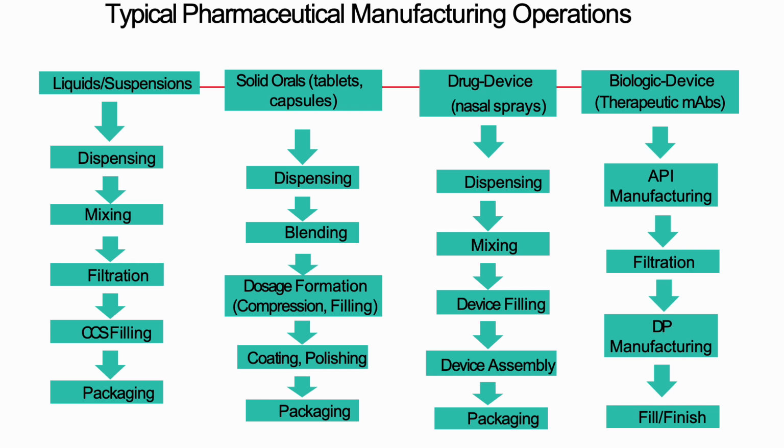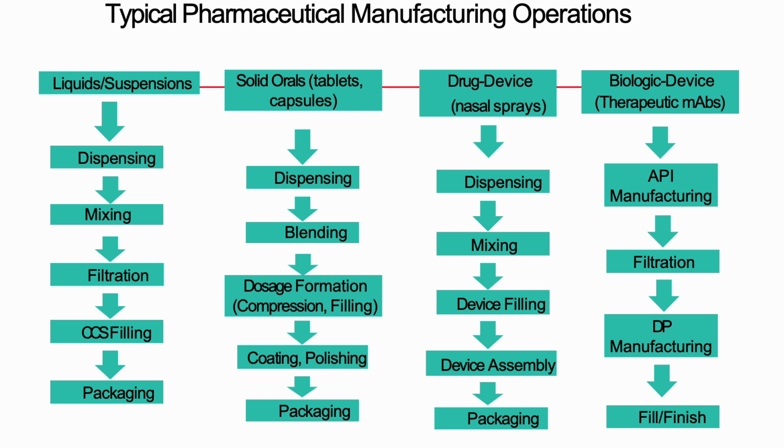So if we are making liquids, of course we have to go through the dispensing, mixing, filtration, CCS filling, and packaging. If you're looking into the solid orals, tablets, or capsules, we talk about dispensing, blending, dosage formulation, compression or filling, coating, polishing, and then packaging.